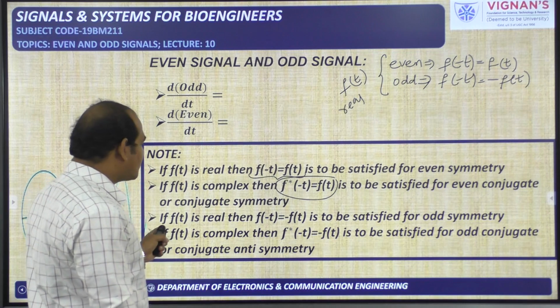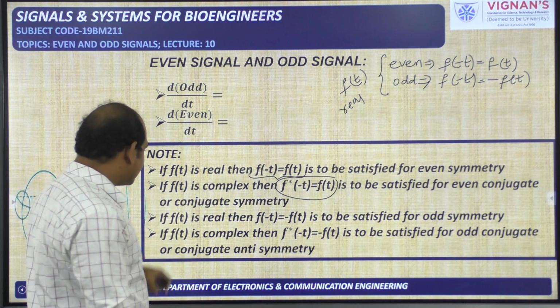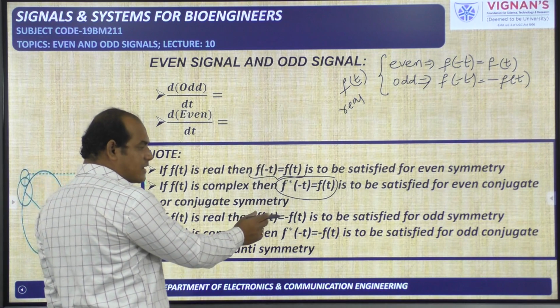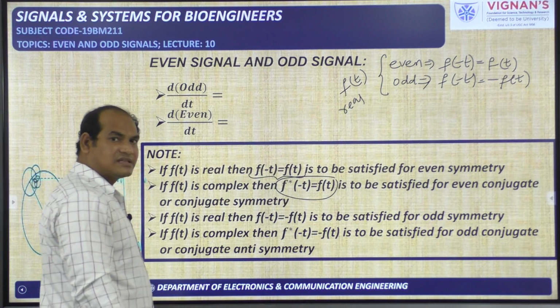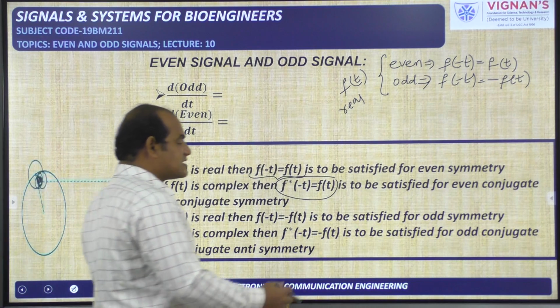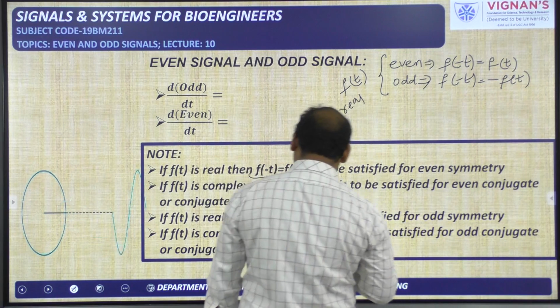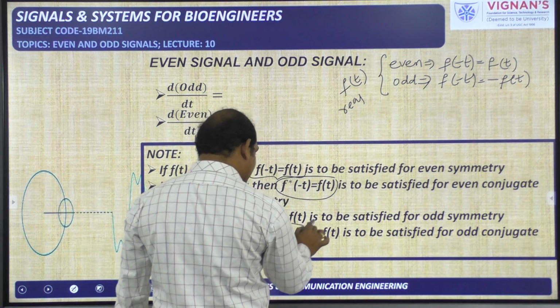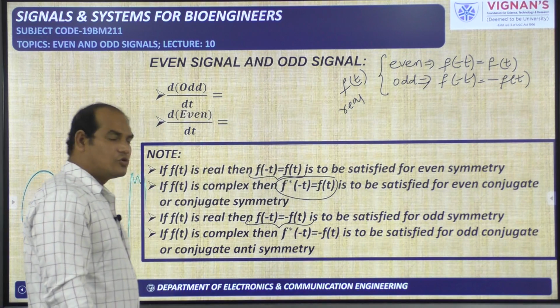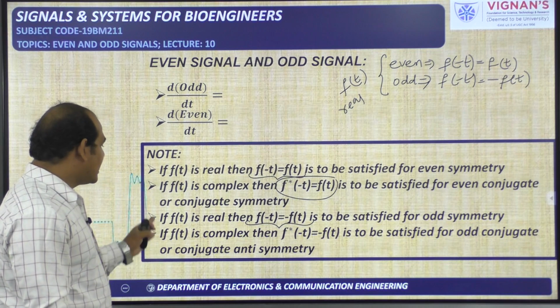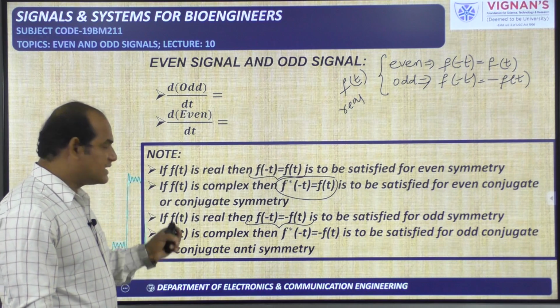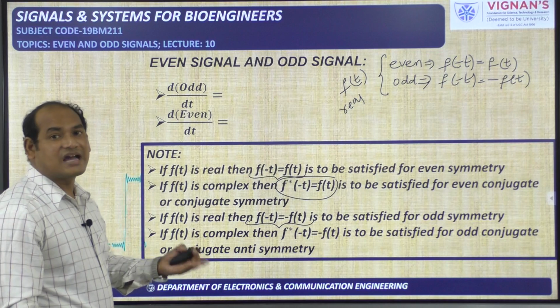Next, if f of t is real, then f of minus t is equal to minus f of t is to be satisfied for the odd symmetry. This is odd symmetry. Odd symmetry condition already we have taken for the real signal, that is f of minus t is equal to minus f of t. If f of t is complex, then what is the condition for the odd symmetry?